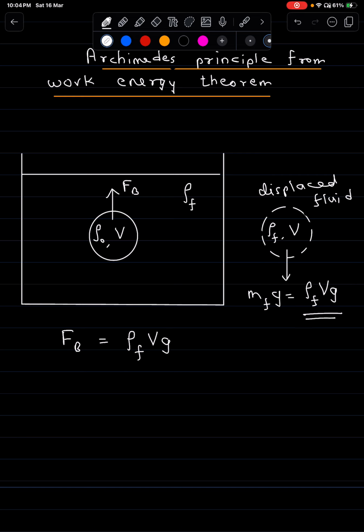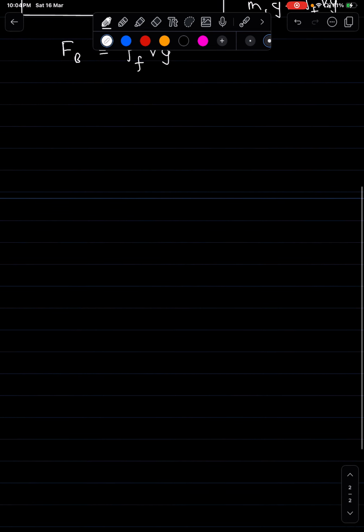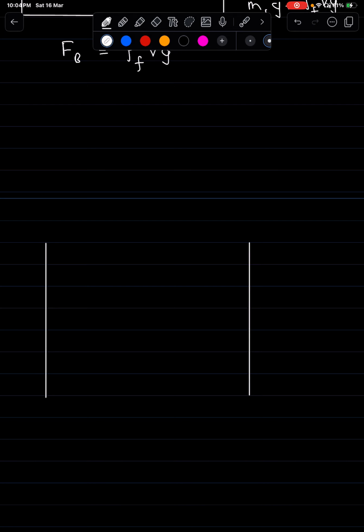Let us derive this from the work energy principle. See how can we do that. I am taking the same scenario. Only thing is that suppose this is the fluid, this is the surface of that liquid, and let us say the density of the object is greater than the fluid, so it should go inside and sink in the fluid.